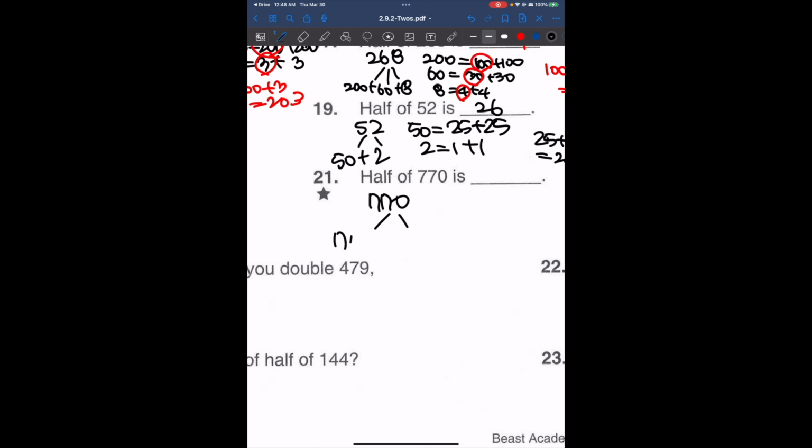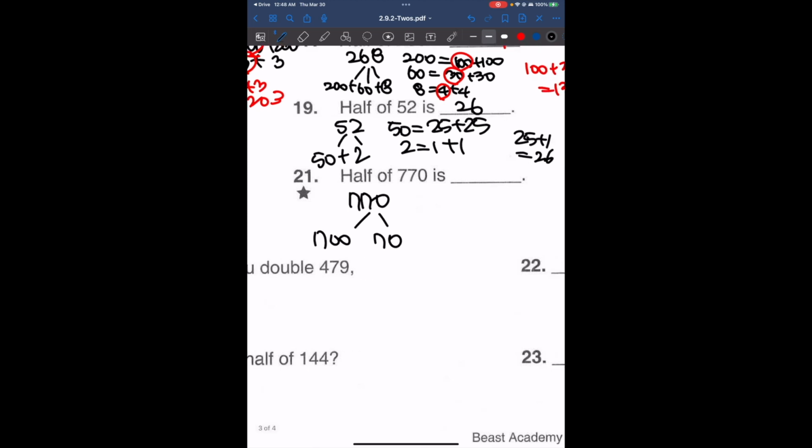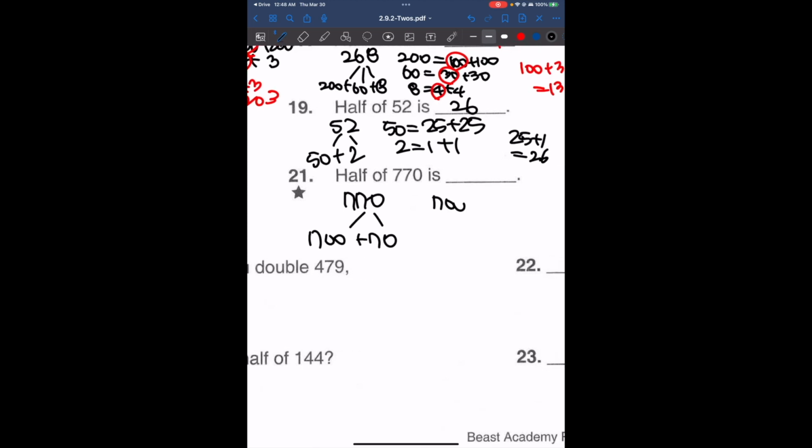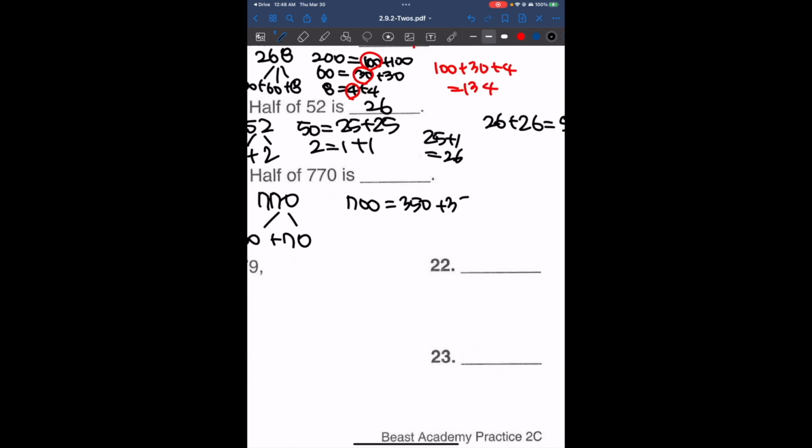That can be split into 700 plus 70. 700 is 350 plus 350. 70 is 2 copies of 35. And so we're doing 350 plus 35, which is 385.